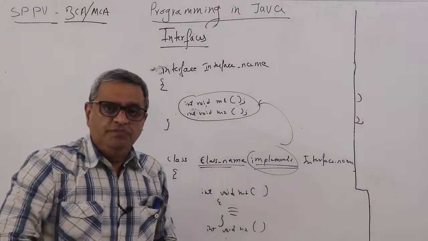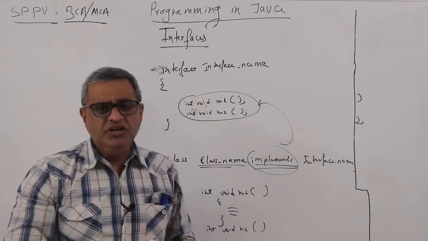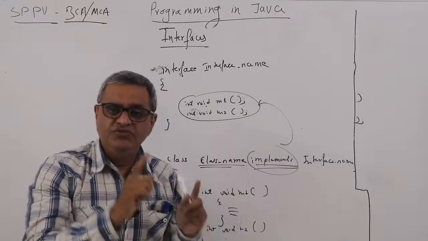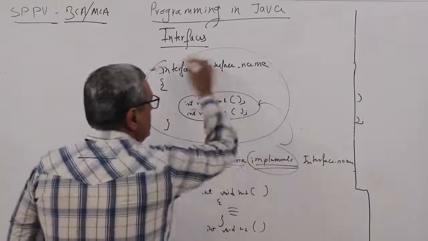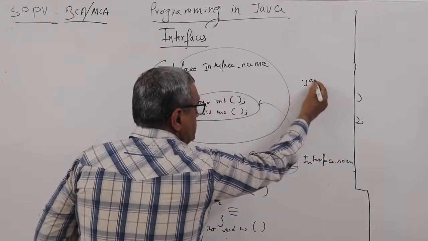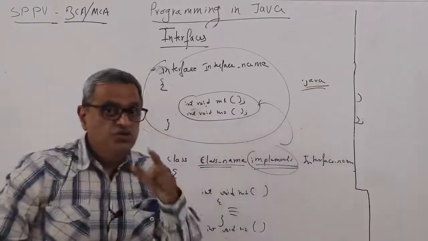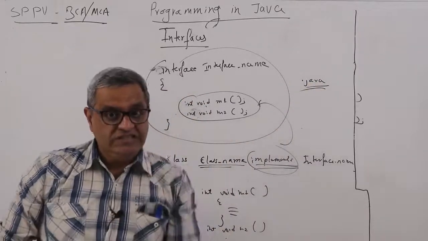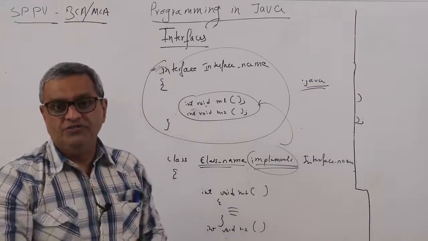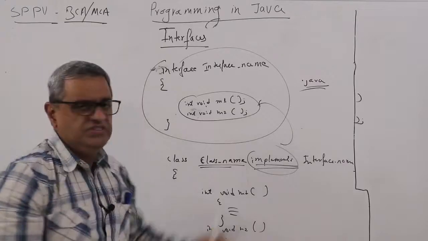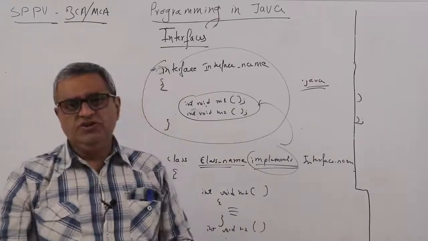Remember one thing, the similarity between interface and class is that an interface will again be in a .java file. The way you have your classes written in .java files, similarly interfaces are written in .java files.